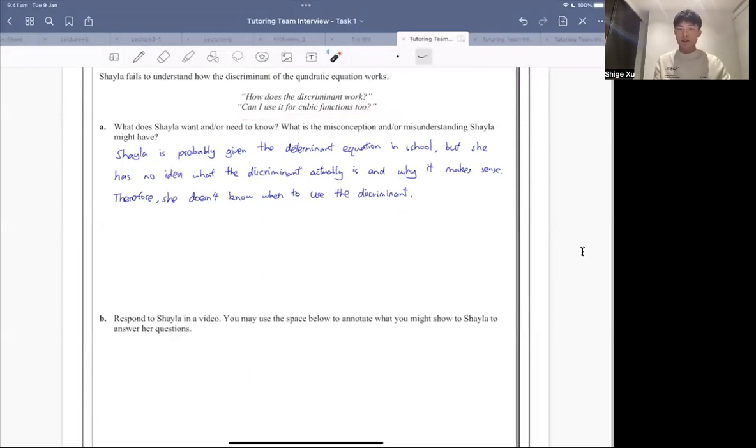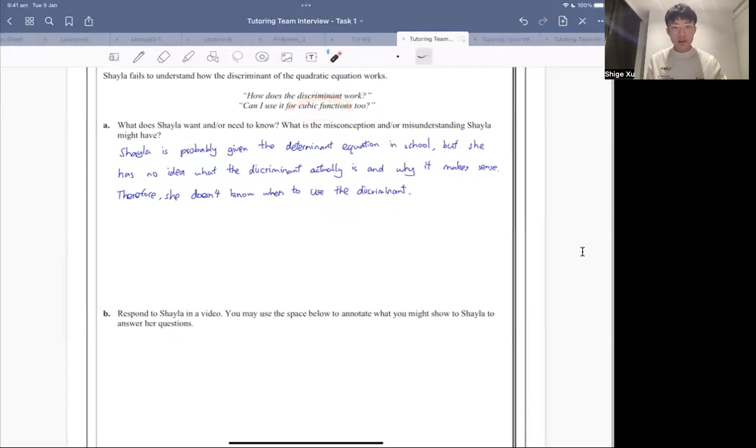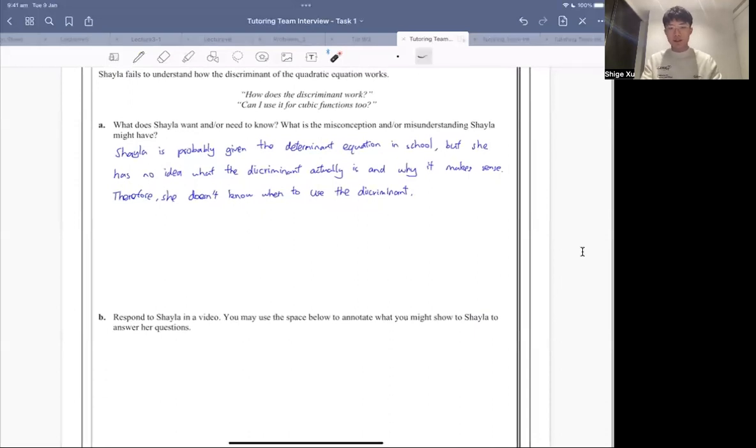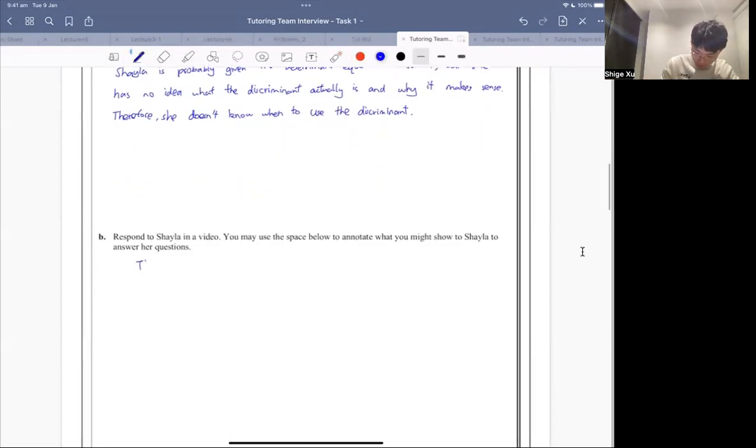Discriminant is definitely not an exclusive theme for quadratic equations only. So cubic functions also work as well. And in fact, it is used in many other mathematical fields, for example, calculus and linear algebra. In general, the discriminant determines the family of solutions.